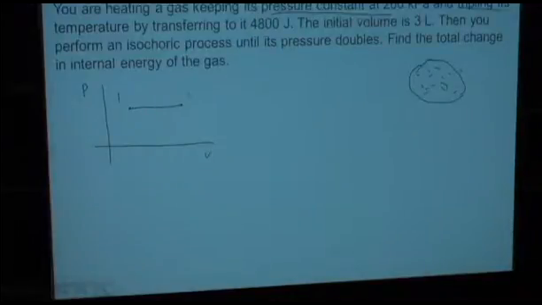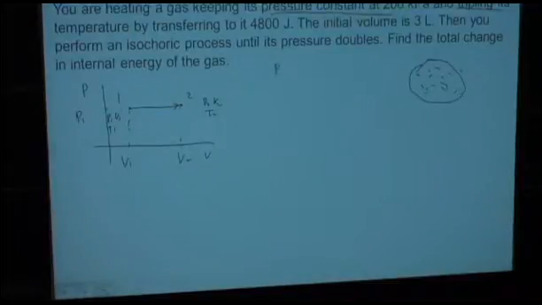First state. Second state, the process. Another state. That's the volume number 1. That's the volume number 2. That's the pressure number 1.